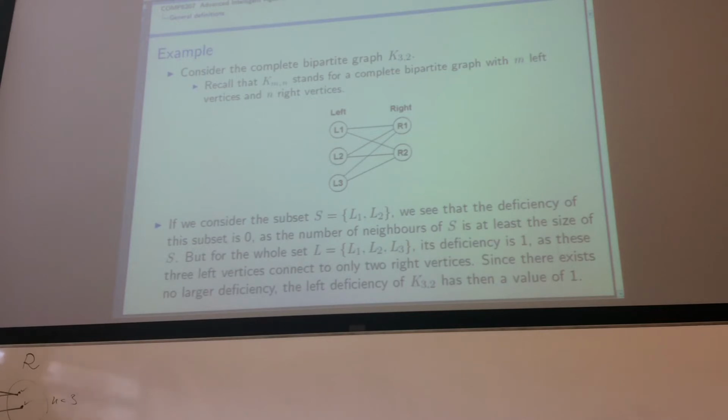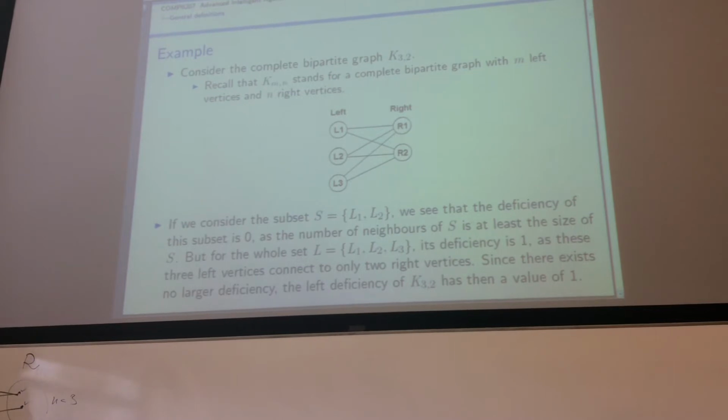For two of them, the deficiency is 0. 2 minus 2 is 0. If we look at the whole set L, there are 3 nodes, and they are connected to all the nodes on the right-hand side, but there are only 2 of them. Right? So we have 3 minus 2. The deficiency of this set is 1.